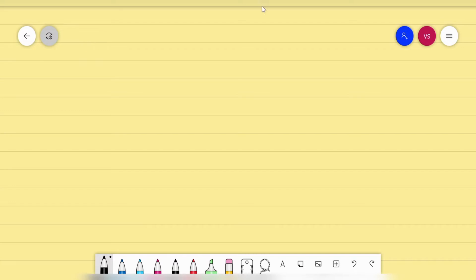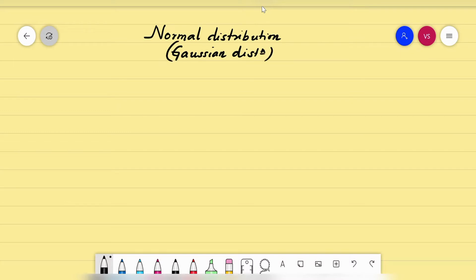Today, we will learn something about normal distribution. Normal distribution can also be called Gaussian distribution, named after this mathematician named Gauss.